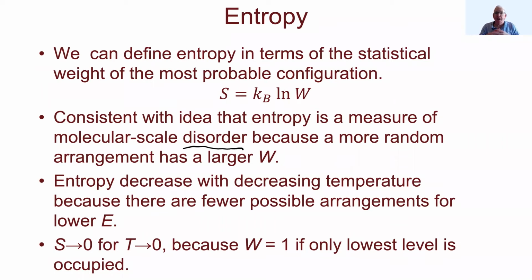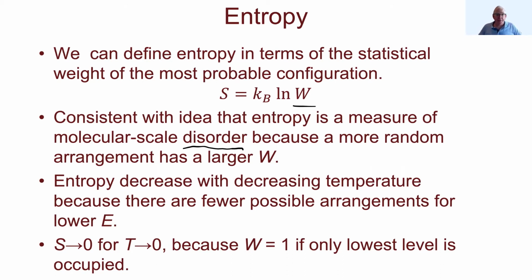As we got towards cases where they were more uniformly distributed across the levels, we got weights that went up to be quite large numbers. And so as we go up in that disorder, or the number of ways to construct the particular arrangement, the weight will increase, and this says the entropy will increase, because if W goes up, then entropy goes up as well by that equation.